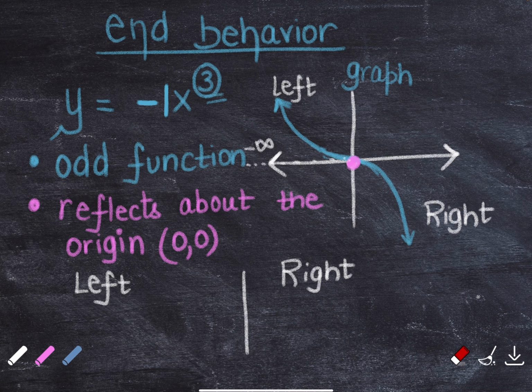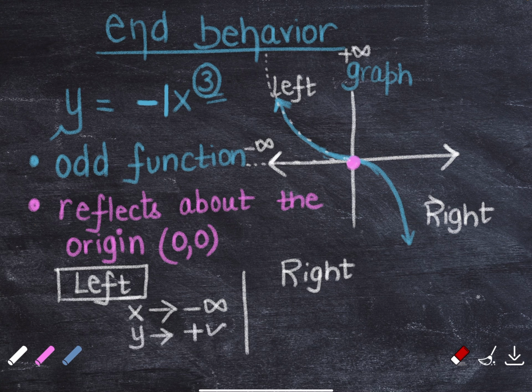But as x is going towards negative infinity, what is happening to the y values? The y values are increasing and they're actually going towards positive infinity this time. So we can say that the end behavior of the function on the left hand side is that as x approaches negative infinity, y approaches positive infinity, opposite of the last one.